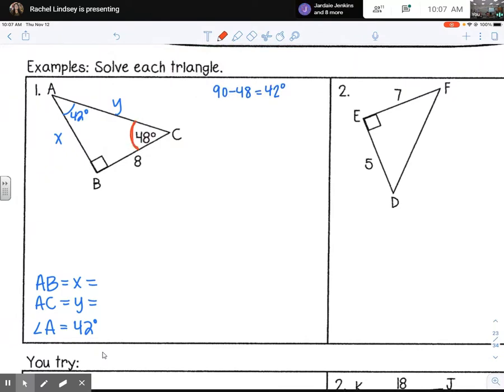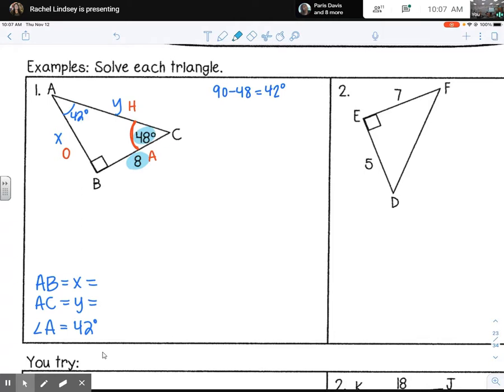So X, would that be opposite, adjacent, or hypotenuse? Opposite. 8, would that be adjacent? And then Y would be hypotenuse. So if I wanted to solve for X, and if I want to solve for Y, I'm going to have to use this 8, and I'm going to have to use this 48 both times.